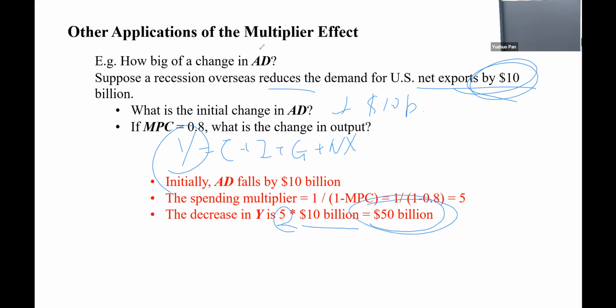So the total change of aggregate demand would be $50 billion. All right, so the multiplier really means a lot. The initial change is only $10 billion, but the final result is $50 billion.